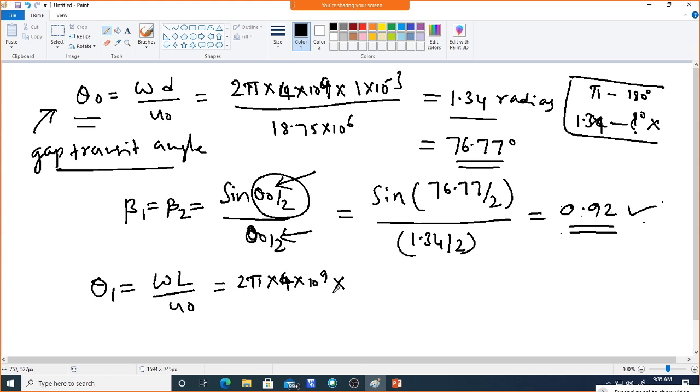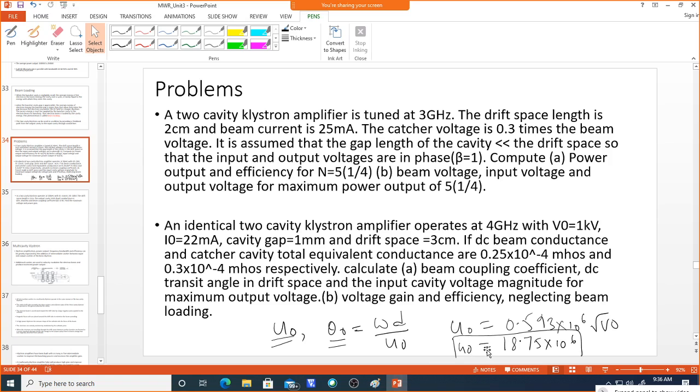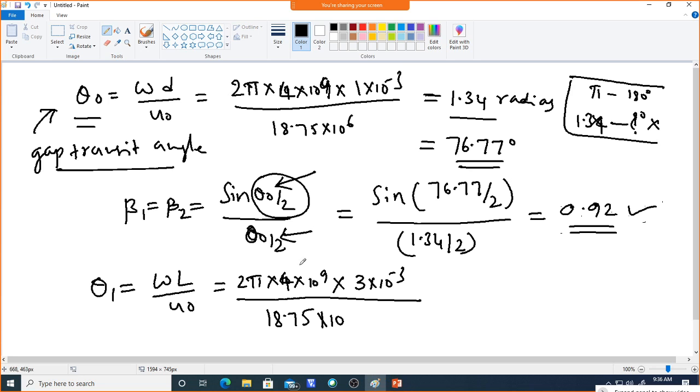Put that in, and you already know the DC beam velocity, which is 8.75 into 10 power 6. Calculate it. You can call this the gap transit angle theta g, and this we can call theta naught, the DC transit angle.